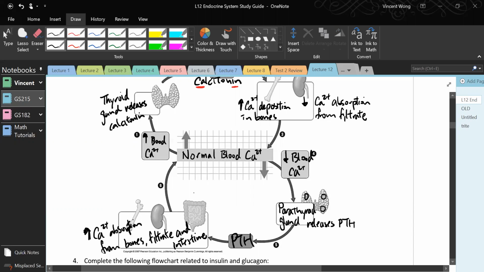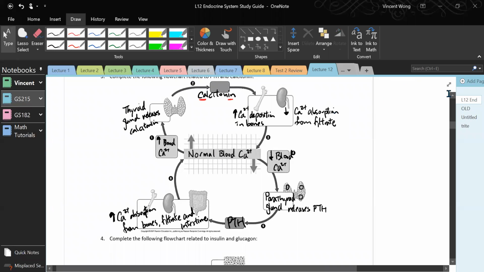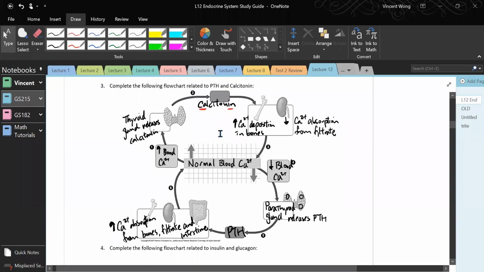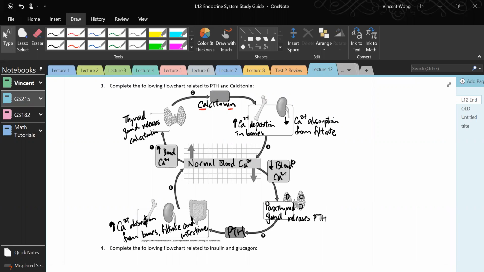Collectively, all these sources should help bring the calcium level back up. All right, so there you have it. That's how calcitonin and PTH work against each other to maintain normal blood calcium level.